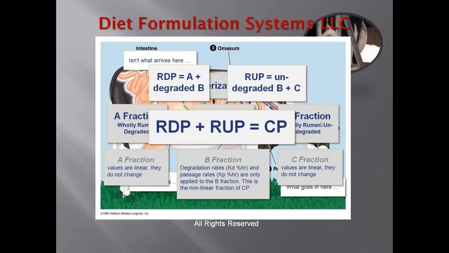At all times within the NRC paradigm, RDP plus RUP equals crude protein. And these are expressed as percentages of crude protein, so the two together always equal 100% of crude protein.